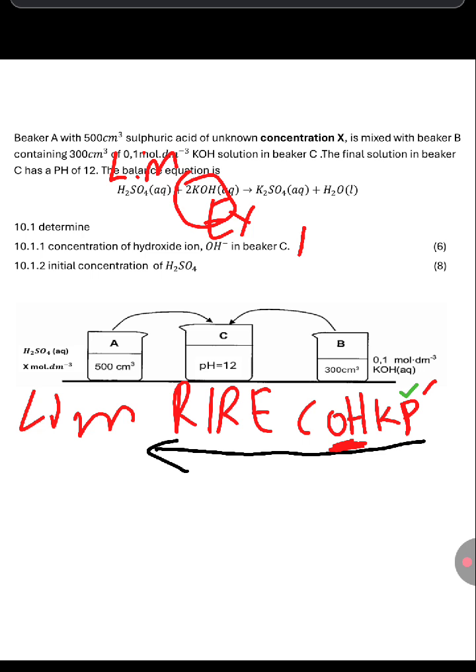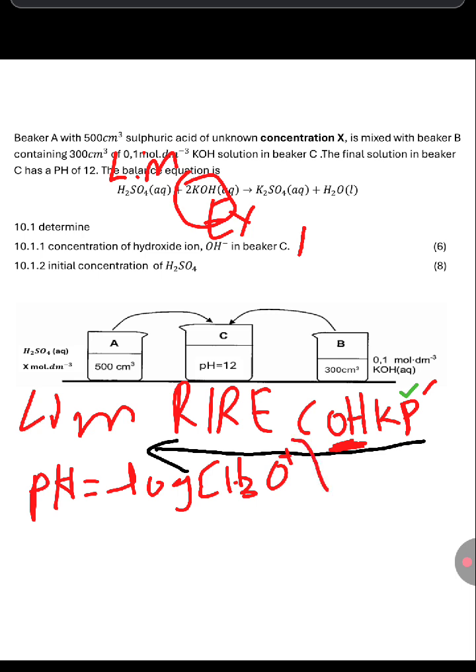I'm going to say, all right, the pH is equal to negative log concentration of hydronium ions. Now, the pH that I have is 12.